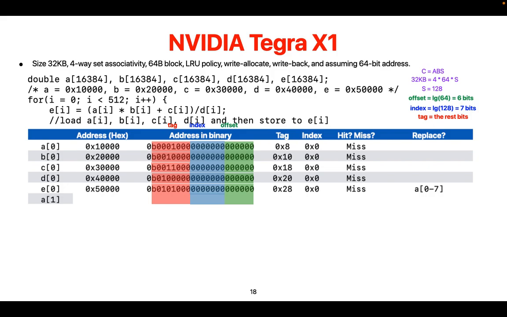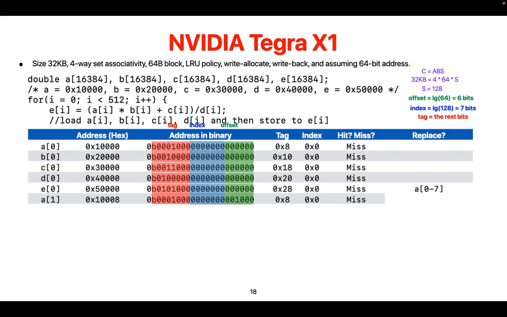So how wide is a double? 8 bytes. So what's the address now? 10,008. Partition it. The tag is 8, index is 0. Hit or miss?